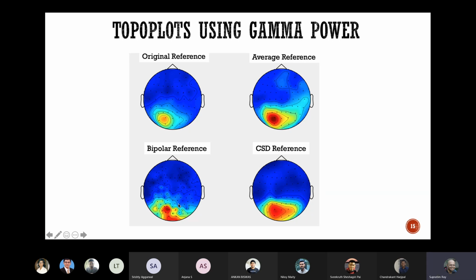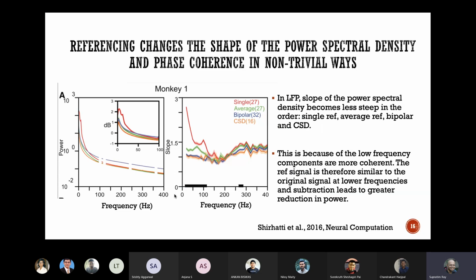And look at the dot distribution here, these black dots. This is different from these ones because these dots correspond to the sensor space, and here it's these virtual sensors, which is the subtraction of this and this. So when you do this minus that, you put something in the middle. Okay, so the bipolar referencing gives much better resolution. Now turns out referencing has a lot of other issues as well.